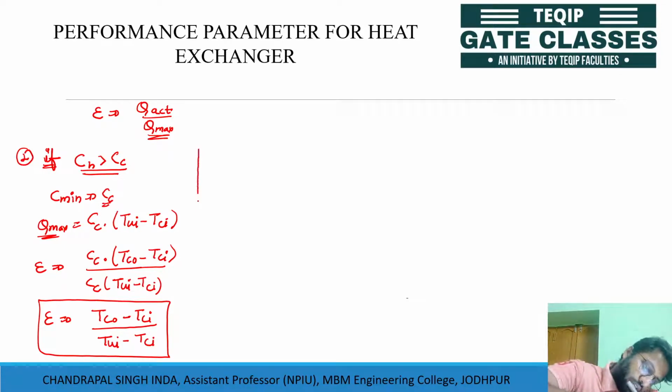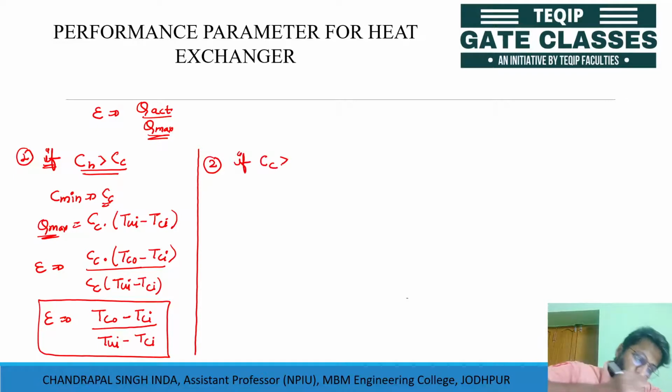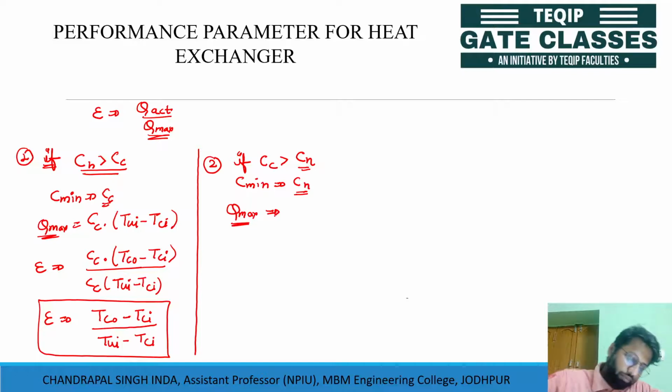Then we can find the value of effectiveness for the heat exchanger. So in another case, in which the heat storage capacity of the cold fluid is greater than the heat storage capacity of the hot fluid, the value of C minimum is equal to Ch, and the Q max will be equal to Ch times T hot inlet minus T cold inlet.